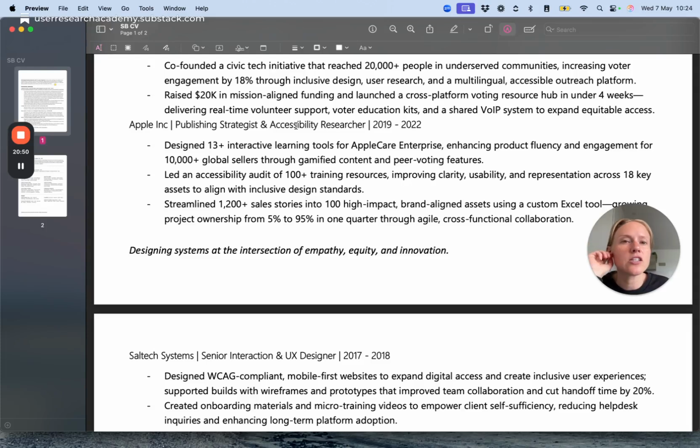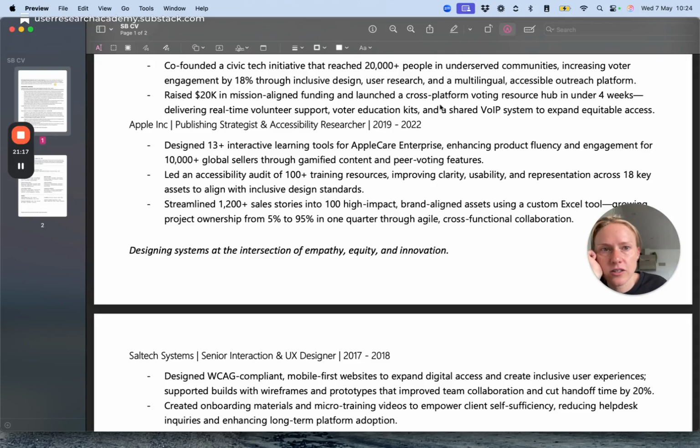You could say conducted whatever type of user research, which led to, with over 20,000 people, an increase in voter engagement by 18%. Or led user research, which highlighted accessibility issues, which were fixed, and then increased voter engagement by 18%.